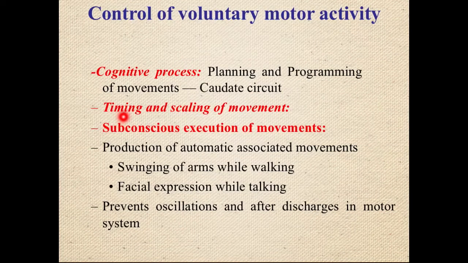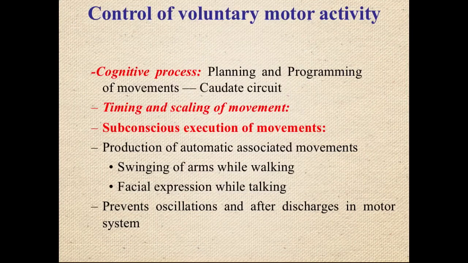Then it also functions in timing and scaling of the movement, how intense that movement should be, and then some of the automated associated movement, subconscious execution of the movement, is also controlled by the basal ganglia. And the fourth one, in the voluntary motor activity, it prevents oscillations and after discharge in the motor system. That is the control of voluntary motor activity, right?